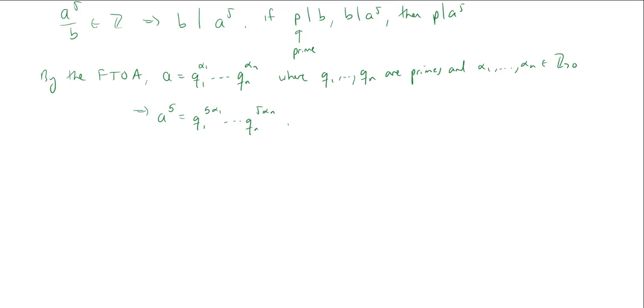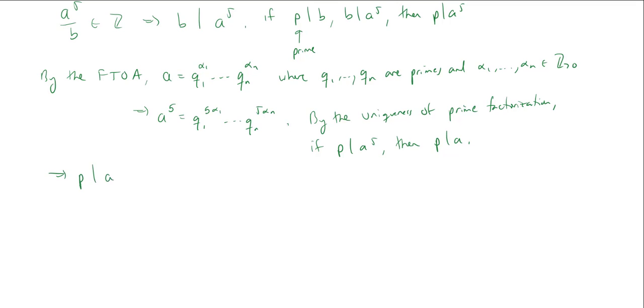So by the uniqueness of prime factorization, if p divides a to the fifth, it's one of these q's, so it also has to divide a. Then p divides a itself. So this implies that p divides both a and b.